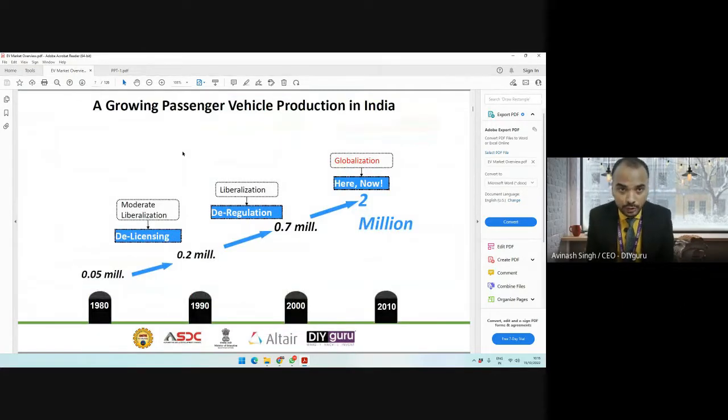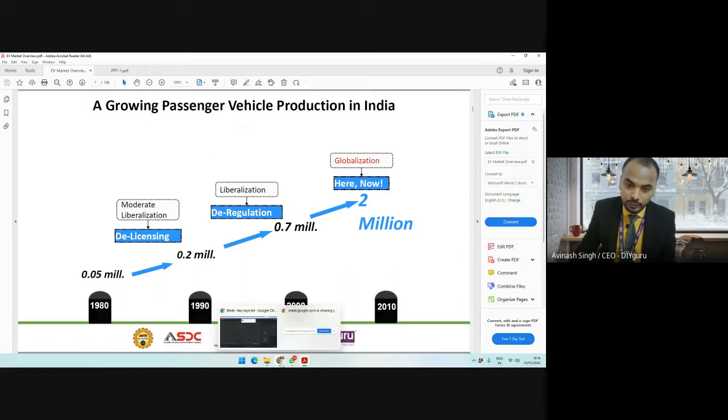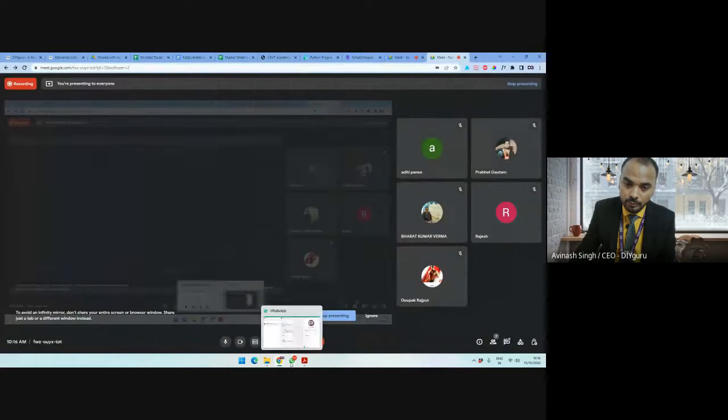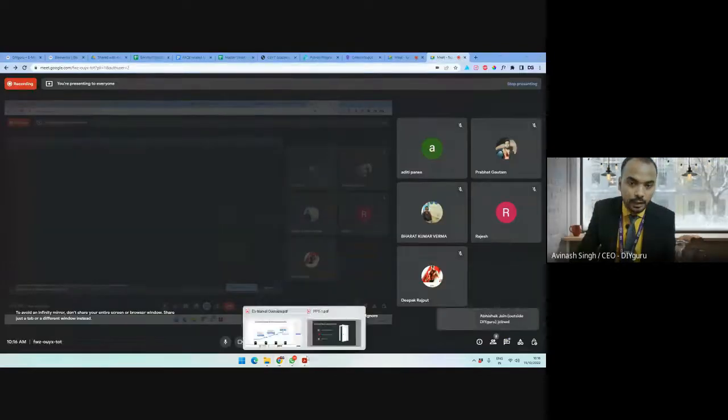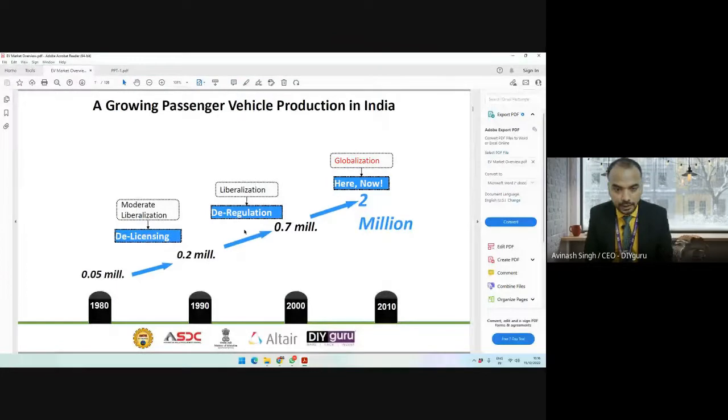Now, when you look at the growing passenger vehicle production in India, from 1980 this whole industry has been at a stage where, if I talk about a company, at that time Bajaj was into the manufacturing of two-wheelers, and there was a delicensing mechanism at that time, called moderate liberalization.